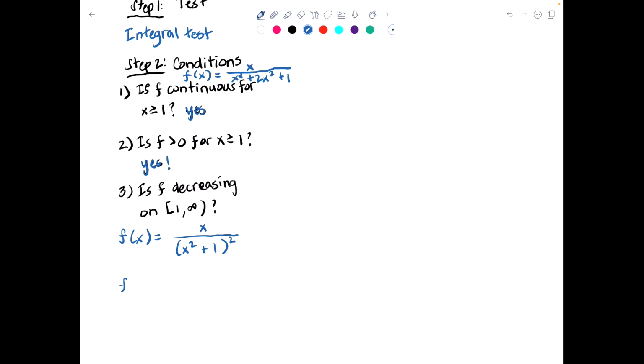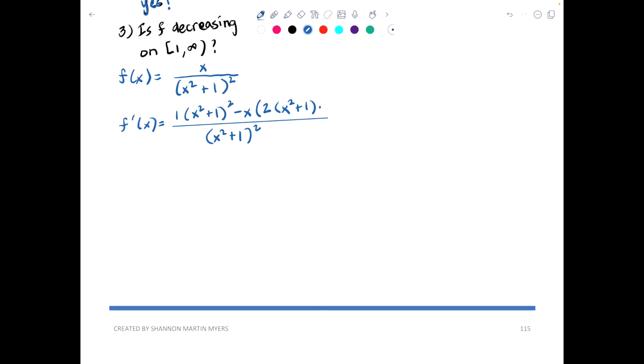So f prime of x will be equal to 1 times x squared plus 1 squared, minus x times 2 times x squared plus 1 times 2x, using our chain rule, and then the denominator is squared.